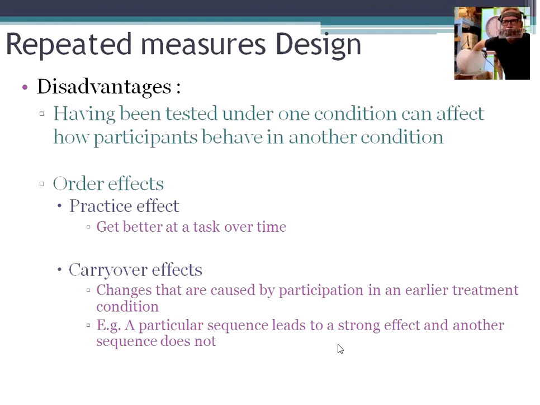Also, carryover effects are problematic. These are changes caused by participation in an earlier treatment condition. You might observe some changes in your dependent variable following your independent variable, but those changes only exist because of some aspect of the participation.